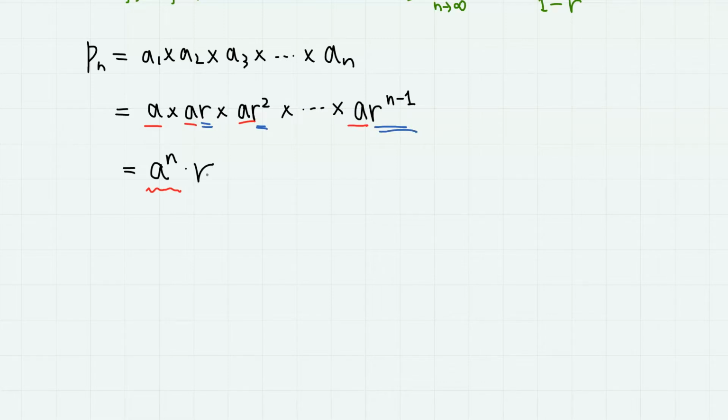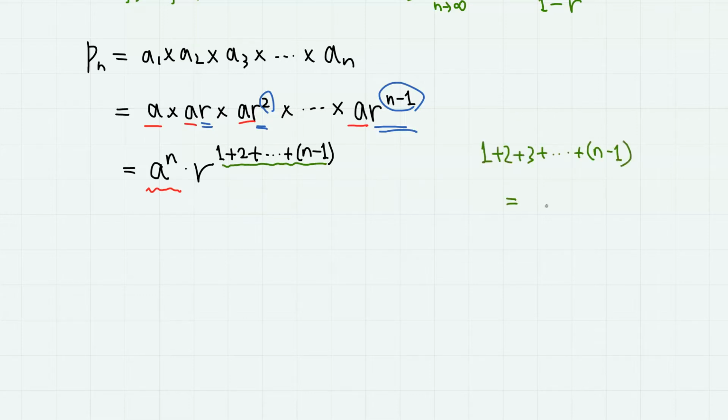So their exponents must be added. Therefore we have r to the power 1 plus 2 plus ... plus, and finally n minus 1. Now this is the sum of an arithmetic sequence, which is simply n times n minus 1 over 2. So therefore we have a to the power of n times r to the power of n times n minus 1 over 2. So this is the expression for Pn.